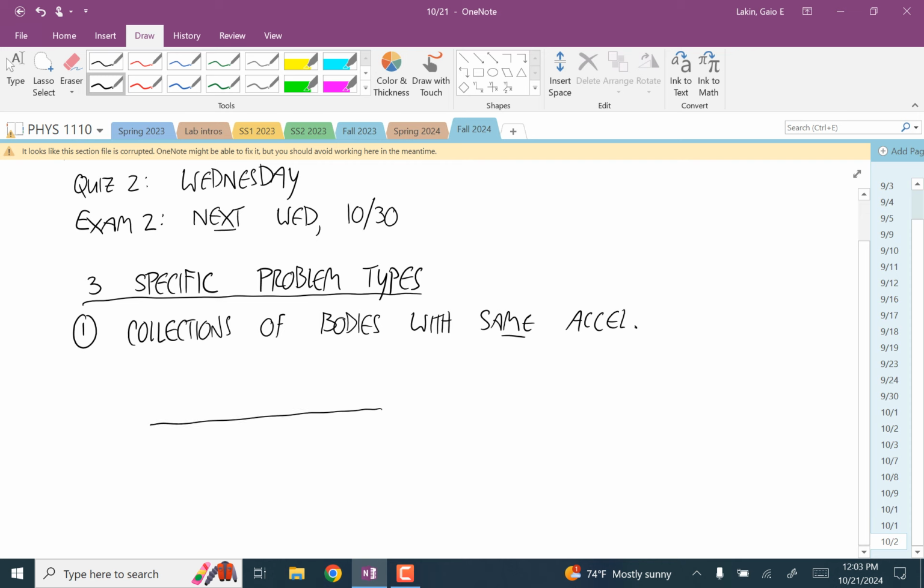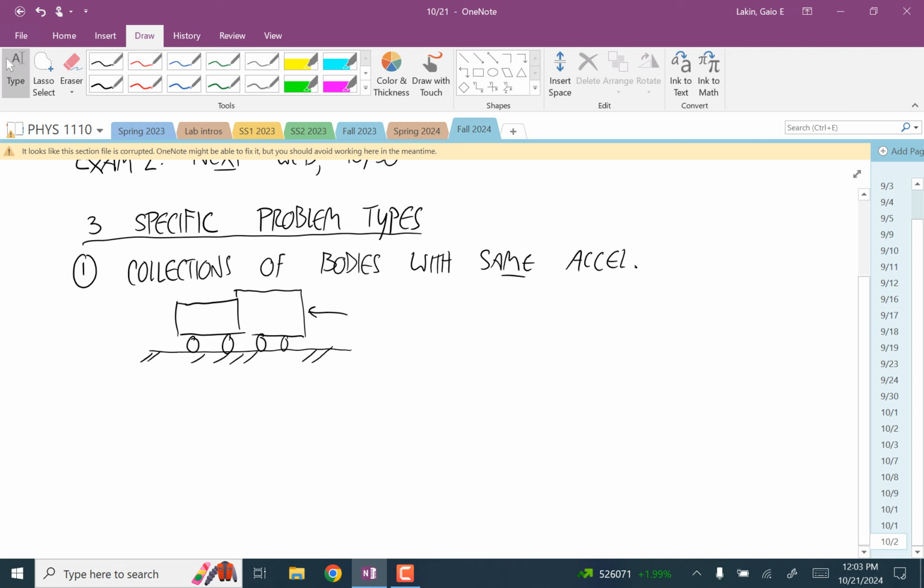So an example of that would be, okay, you have those 2 bodies, and since they're pushing on each other, their motion is going to be the same, their accelerations are going to be the same. And we finished talking about these kind of problems last time. And then there's 2 others, so we're done with this one.